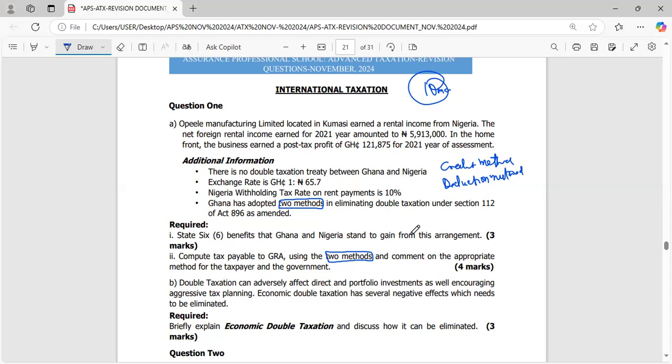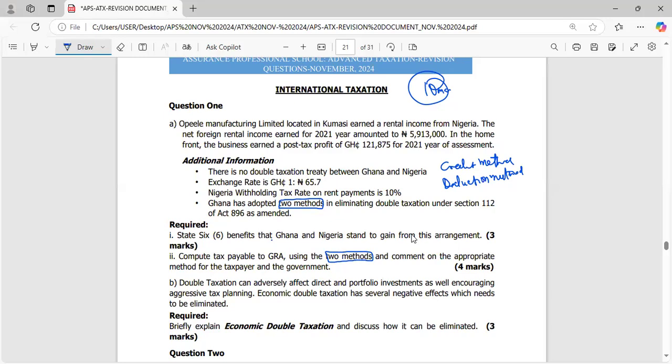These theory questions are the ones that will make you cross your 50 mark in order to pass the paper. So a benefit of double taxation agreement is that it prevents international tax avoidance and tax evasion. It promotes foreign direct investment.